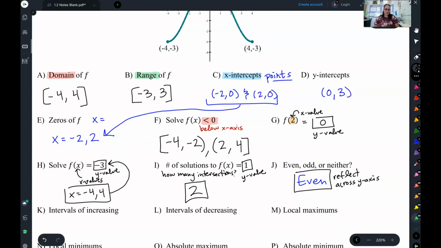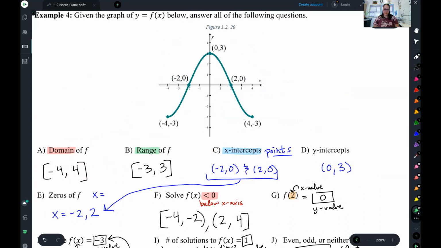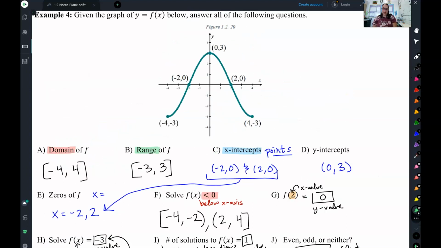Okay, intervals of increasing and decreasing. So remember, we go from left to right, and we want to go uphill or downhill. So start on the leftmost point of the graph. We're going uphill, and then we're going downhill. And we do x values. So I want increasing from this point to this point. So I want from -4 to 0.